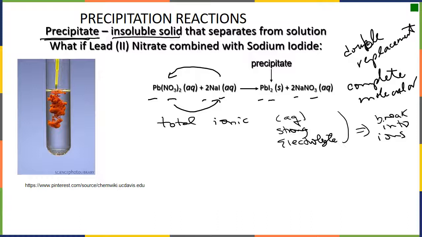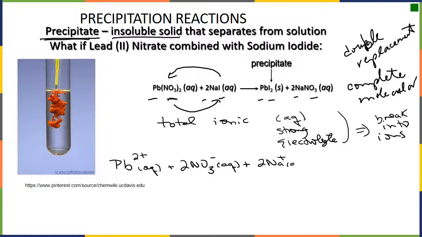It's clearly not going to be aqueous and a strong electrolyte. So what would this look like? Well, we're going to start over here with the lead. Because all nitrates are soluble, lead nitrate is going to break into lead 2 plus, aqueous. We have 2 nitrates. We're going to put that 2 in the front, and we're going to remember to leave our polyatomics intact.